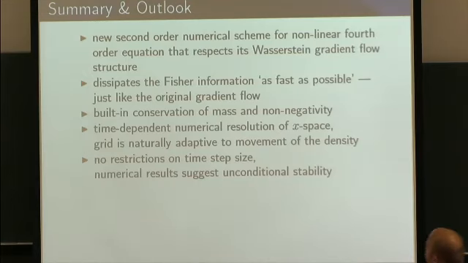Now, I'm already in my summary. I've presented to you a new second order numerical scheme for this nonlinear fourth order equation that respects its Wasserstein gradient flow structure and dissipates the Fisher information as fast as possible, like the original equation does. In this scheme we have built in mass conservation and non-negativity of the solution, and I've shown you that we have a time-dependent grid, an adaptive grid that moves along with the density.